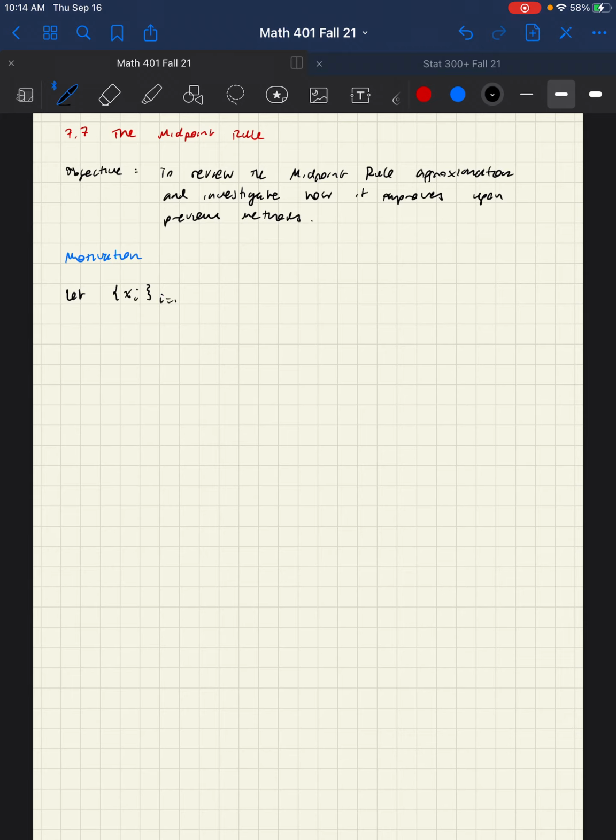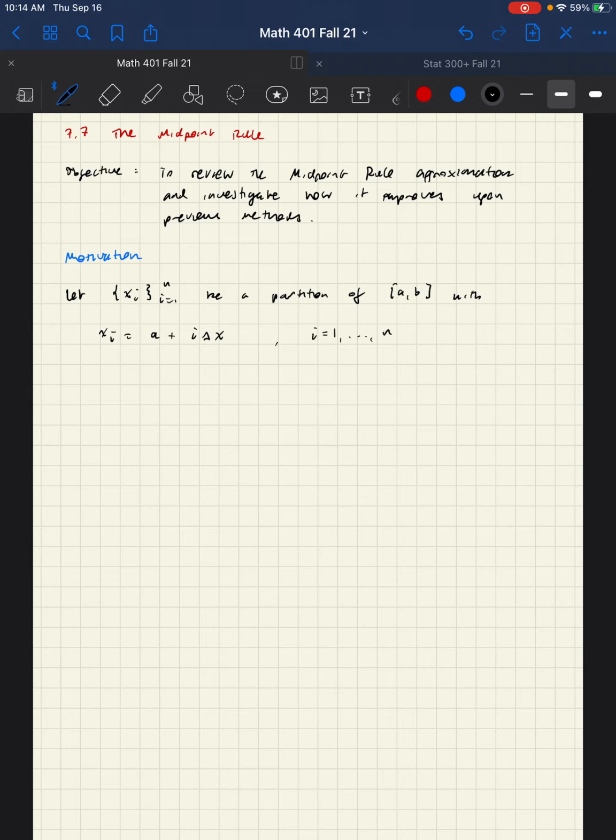So let x sub i be a partition of [a, b], with each x sub i derived from a, where we get them each equally spaced apart.